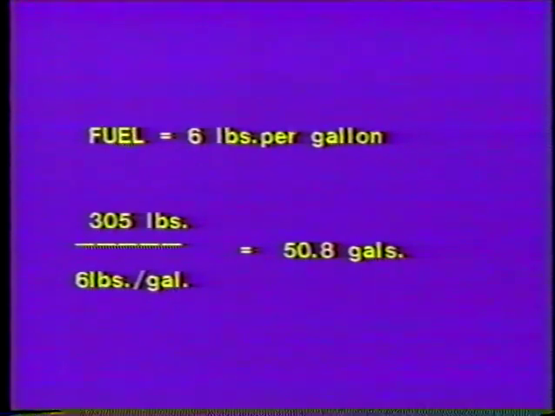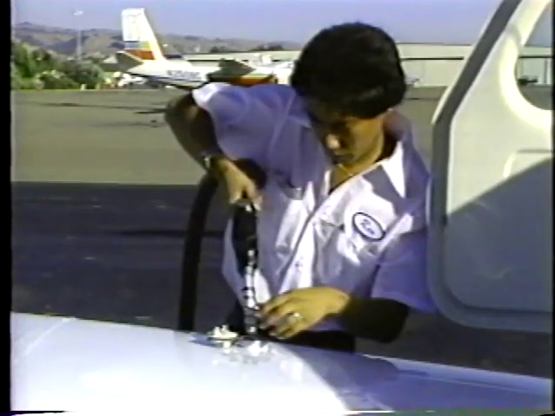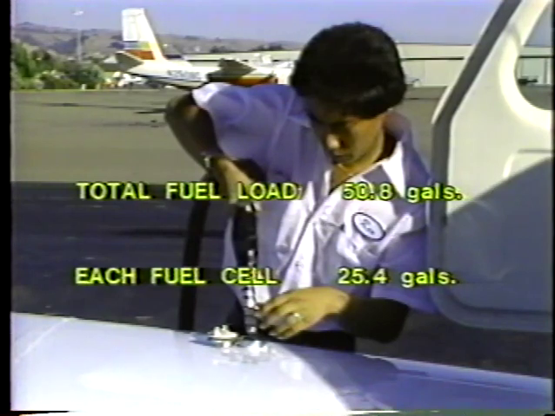So to determine how many gallons of fuel you can load, divide 305 pounds by 6 pounds per gallon, and you get 50.8 gallons. Since total usable fuel capacity is 57.2 gallons, you don't have to top off the tanks, but you would distribute the total of 50.8 gallon load evenly between the fuel cells in each wing.